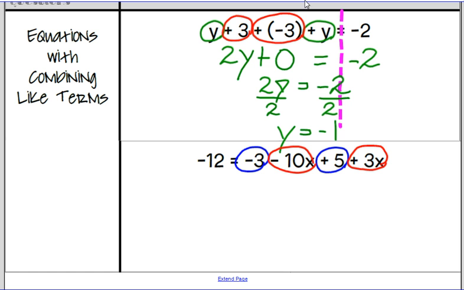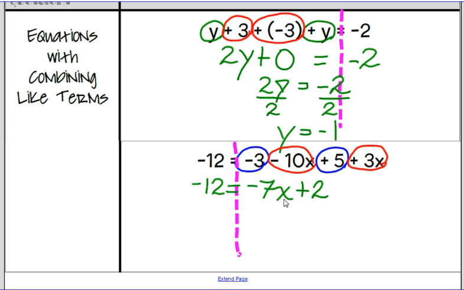So we have some things that we can combine on that same side of the equation. So there's my equal sign. So when I write these, my negative 12 is just going to come down. I always like to write my variables first. So if I have negative 10x and a positive 3x, that would simplify to be negative 7x. If I have a negative 3 and a positive 5, that would leave me with a positive 2.